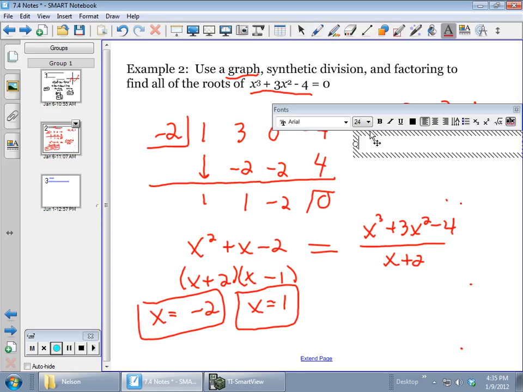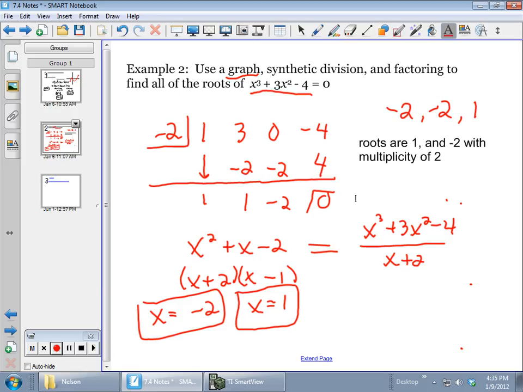So the roots are 1 and -2 with a multiplicity of 2.